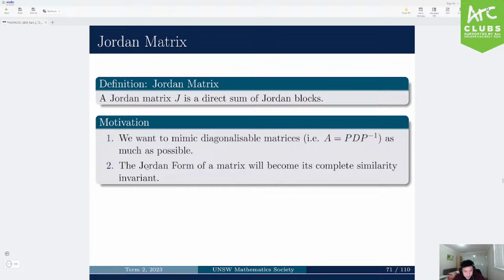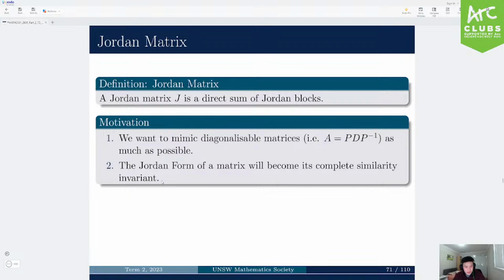And number 2 is that the Jordan form of a matrix will become its complete similarity invariant. What this means is that two matrices are going to be similar if and only if they have the same Jordan form.